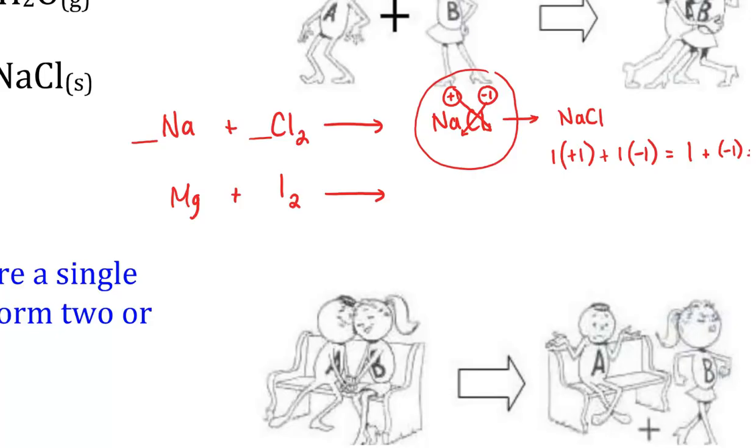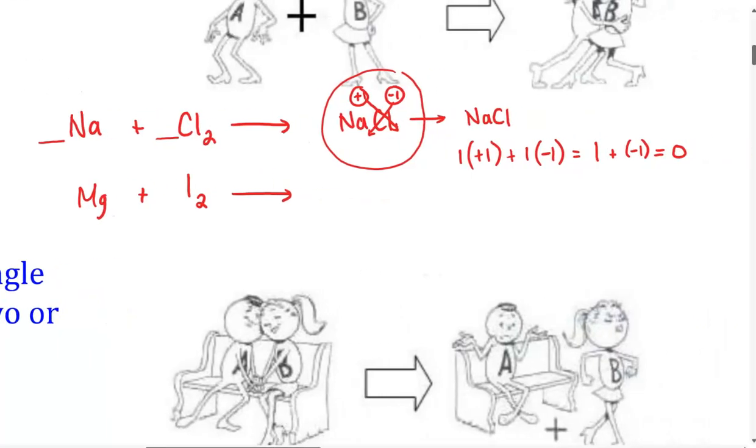All right, hopefully you have all tried to solve this. So the answer would be, again, take our individual elements, Mg plus I, right? We're not carrying over the subscript of 2. Mg has a charge of +2, and iodine has a charge of -1.